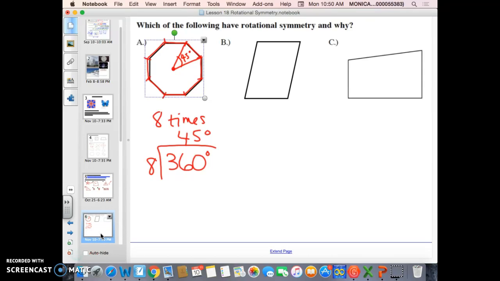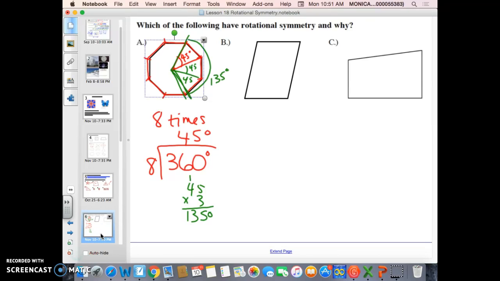So if I rotated from here to here, my degree of rotation would be 45, another 45, and another 45. So 45 times 3, 135 degrees. So this whole part here is 135 degree rotation.